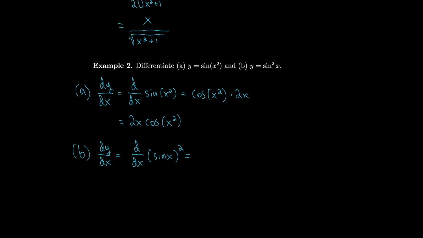So the derivative of sine x squared is 2 sine x. But then we have to multiply by the derivative of that thing inside. The derivative of sine is cosine. So we multiply by cosine. You might remember that 2 sine x cosine x is actually a trigonometric identity for the double angle formula. So you don't have to do this, but you could rewrite this as sine of 2x.